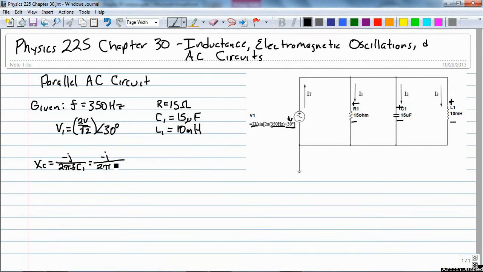So that's negative J over 2 pi times 350 hertz times 15 microfarads. And that gives me a reactance of negative 30.315 J ohms.